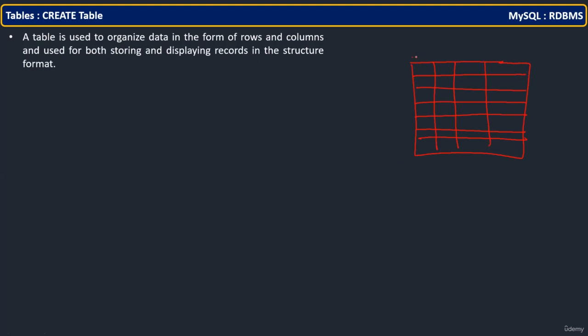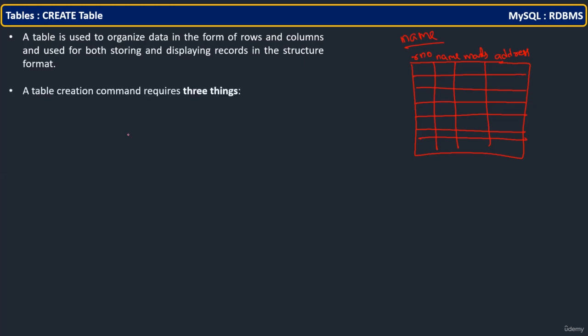For example, this is a roll number, this is a name, this is marks, and this is an address. So like this we have columns and rows, and the table must have some name. So this is a table we are going to create in the database.